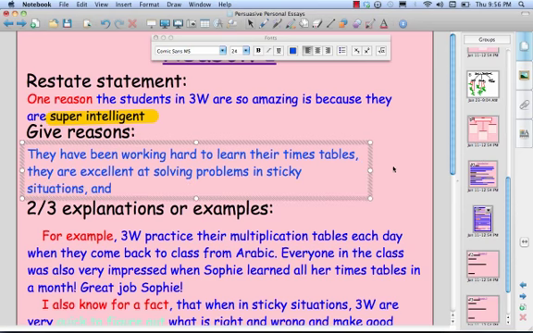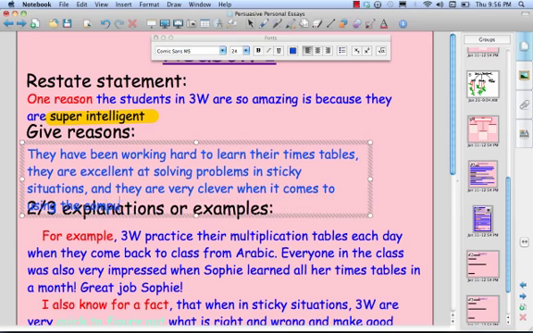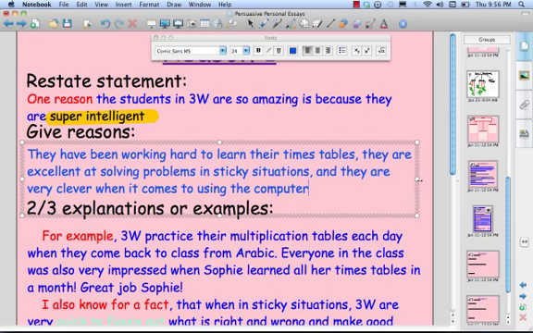And what was the last one? Let's see. Let's think of another word for intelligent and smart. Very clever when it comes to using computer. Okay.